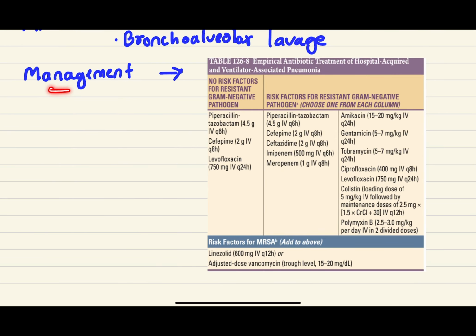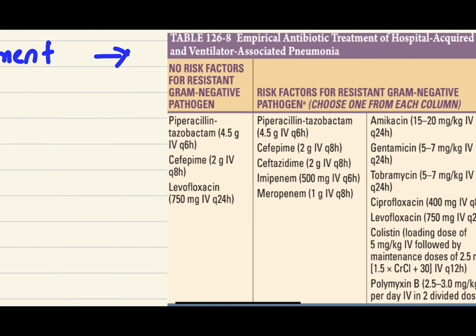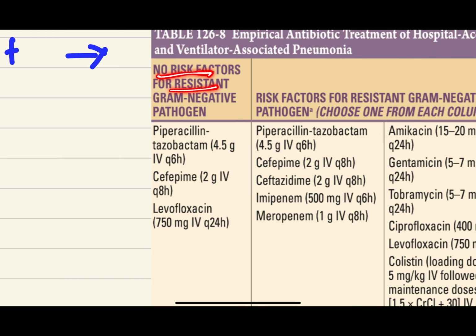How are you going to manage this VAP? If the patient has no risk factor for resistant gram-negative pathogens like Pseudomonas aeruginosa, then you can give them piperacillin tazobactam. This is the main preferred drug, and you can give them cefepime or levofloxacin also.